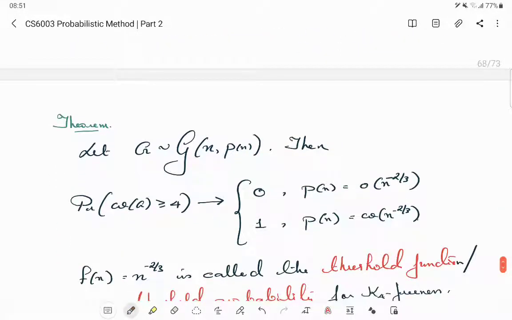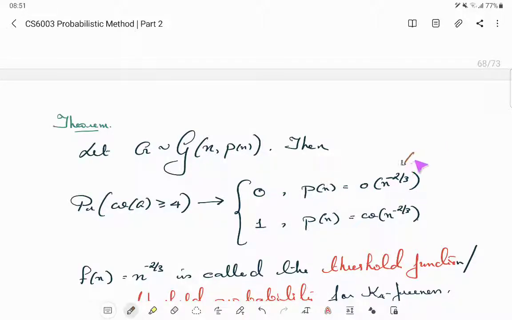So if you summarize this as a theorem, this is what we get. If G is sampled from G(n, Pn), then the probability that G contains a K4, or equivalently the probability that the clique size of G is at least 4, tends to 0 if Pn is little o of this function.